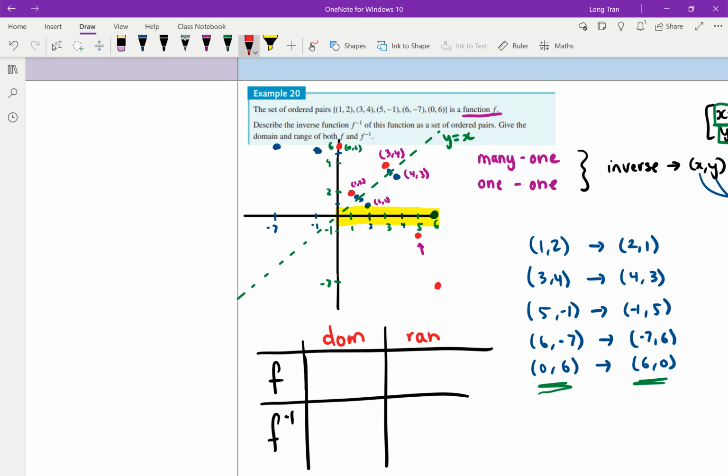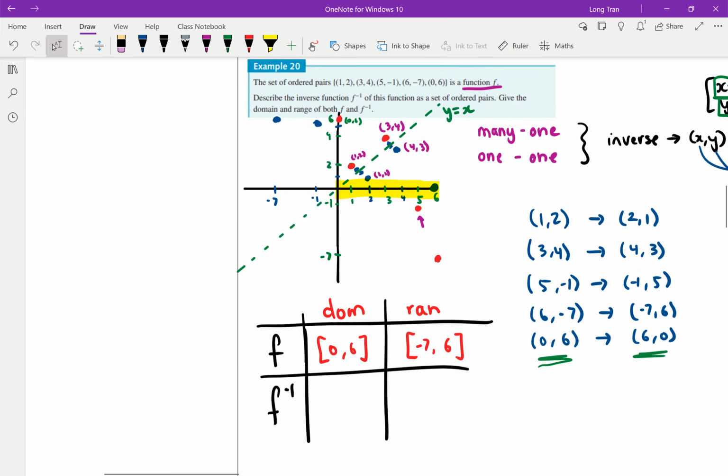So the domain was from 0 to 6, even the integers. Okay, so 0 to 6, that's my domain. This is not a really good way of describing it, because that means you can have halves and all that, but assuming they're all integers, saying it's an element of integers, then 0 to 6 is what you can have, and the range is clearly from -7 all the way to 6.